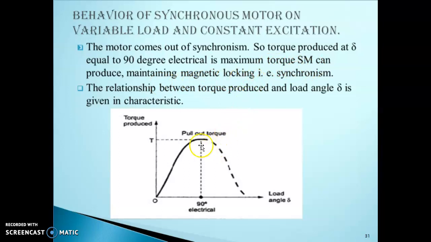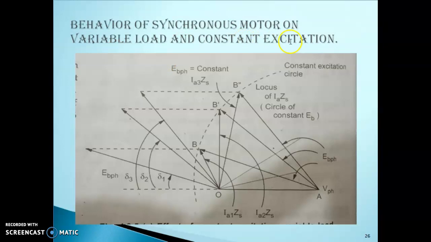If delta is increased beyond 90 degrees, then our magnetic locking will break down, and the amount of torque developed by the motor exactly at delta equal to 90 degrees electrical is called the pull-out torque.